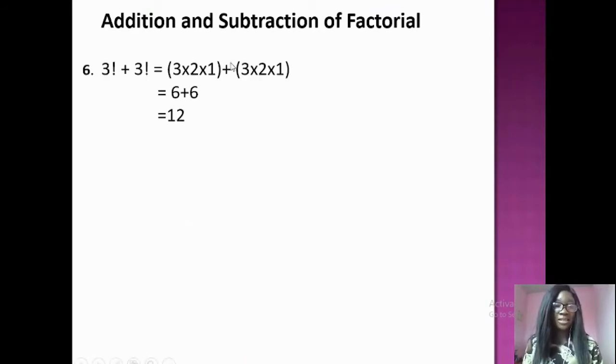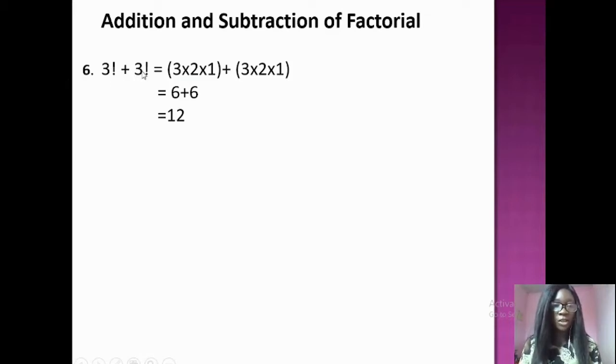So 3 factorial plus 3 factorial. This time around you do it step by step. Okay, so 3 factorial is 3 times 2 times 1. You keep it. I kept it here, so I have my positive sign. So follow my cursor, I put my positive sign here.